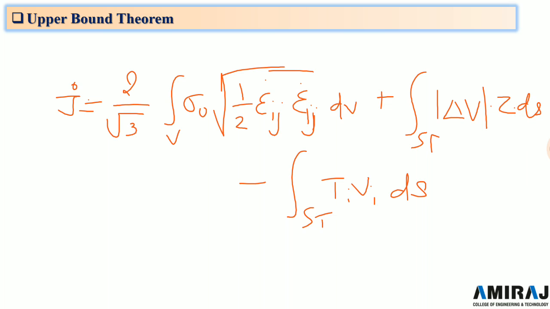So this is the complete equation, where the dot indicates the rate.